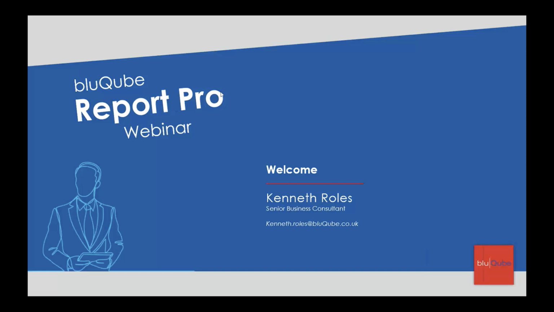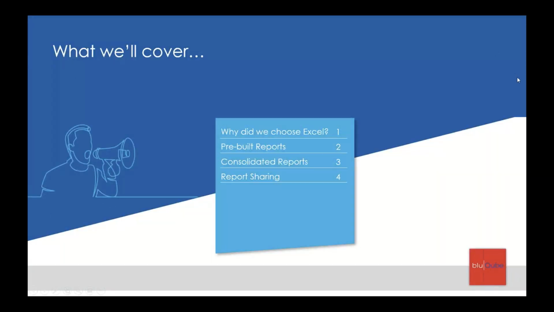So let's take a look at what we're going to cover this morning. We'll talk about why we've chosen to use an Excel add-in for this tool, and I'll go into a bit more detail on that. We'll look at the pre-built reports. If you do purchase Report Pro, it will be shipped to you with a set of reports straight out of the box that you can use, and we'll explain more on that.